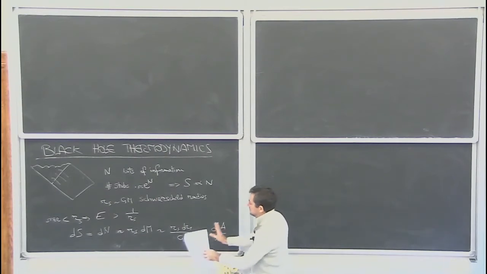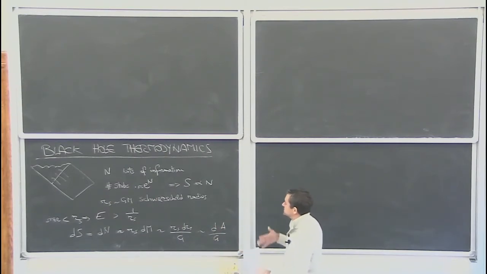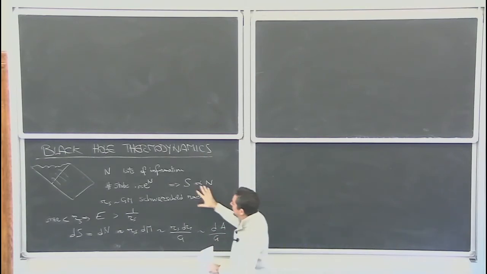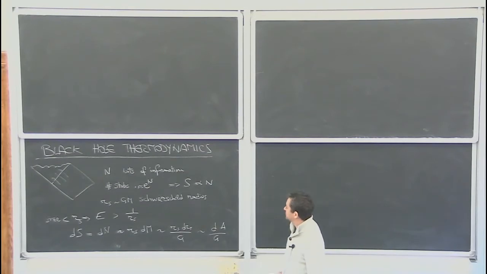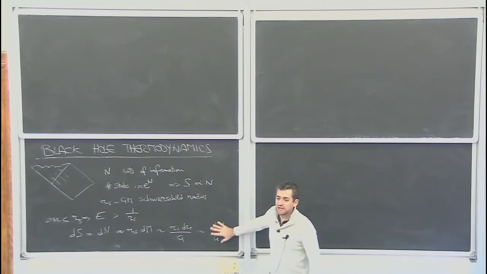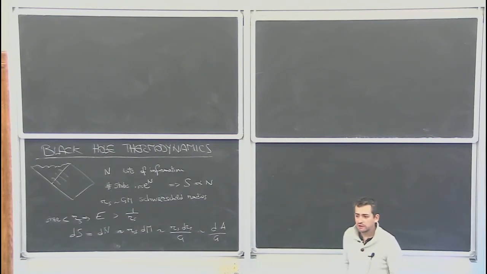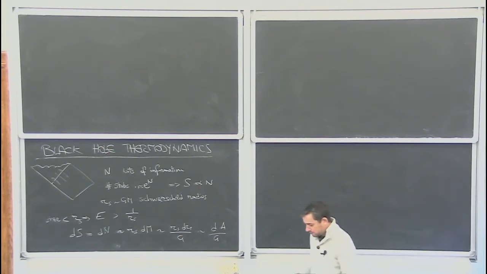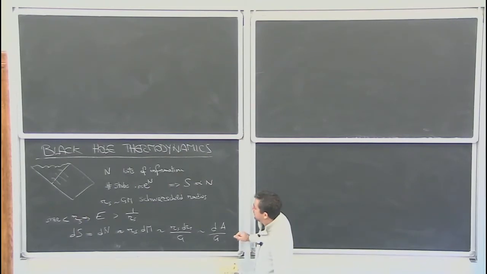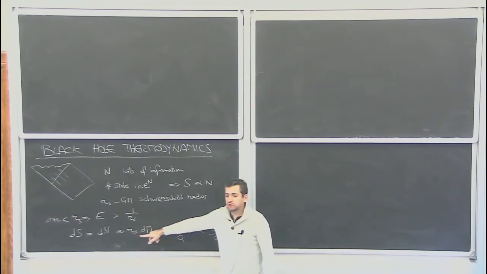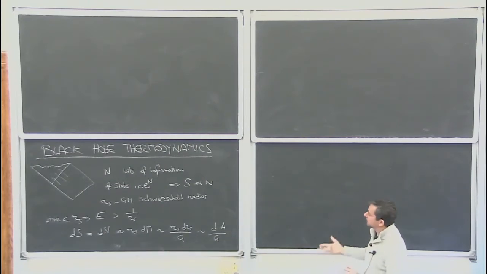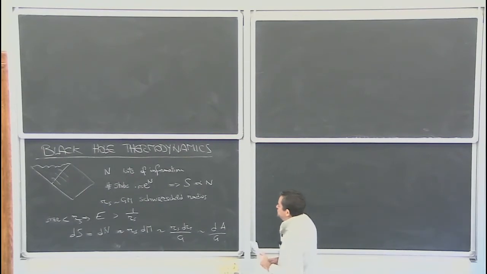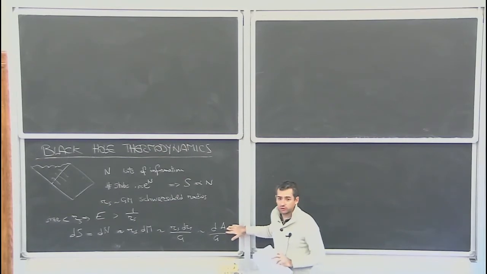So this is a very heuristic estimate, but it's inspiring, because it relates this theory of information in a very crude, down-to-earth way to the variation of the entropy, which is somehow the core of Bekenstein's intuition. So the argument says that the variation of the area is related to the variation of the entropy. This is another motivation for associating some entropy to the black holes, and also to associate the entropy to the horizon area.